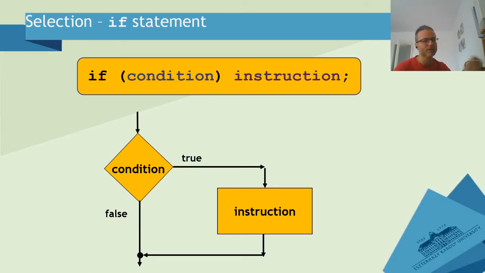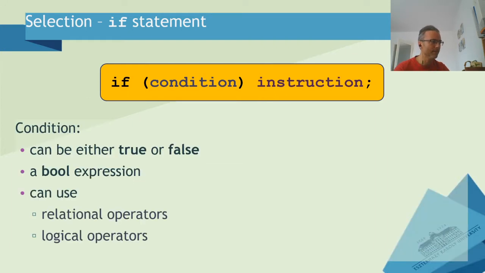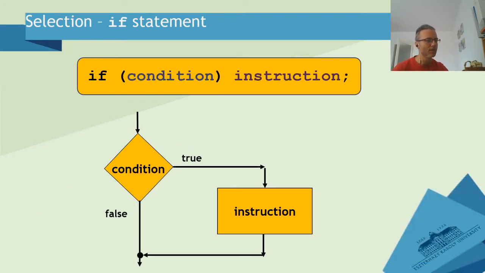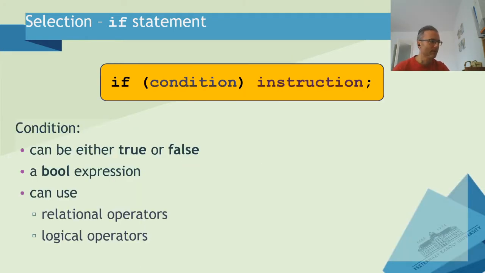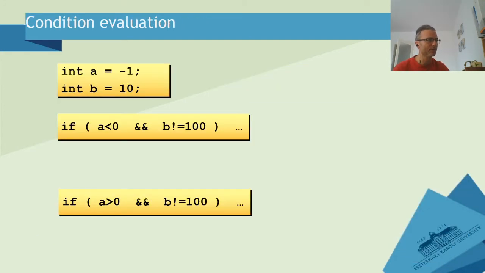So in all those languages, you have the same if instruction, basically, and they do the same. We check if the condition is true or false, and if it is true, then and only then the instruction will be executed. Inside the condition, as you already saw, you could use relation operators, logical operators, mixed. This is what the if instruction is about.